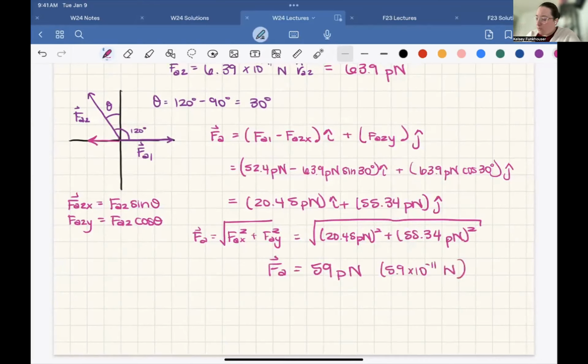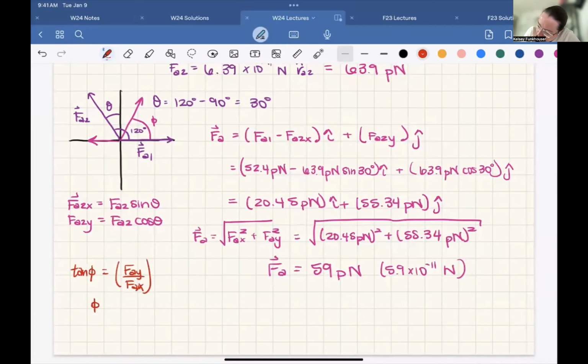Finally, we need to know what angle it is. So we know it's somewhere in that part of the xy coordinate axis, but we want an angle for it. So let's say we want this angle phi from the positive x-axis. That's a good one to take from. So that tells us, tangent of phi is opposite over adjacent, so the y component over the x component.